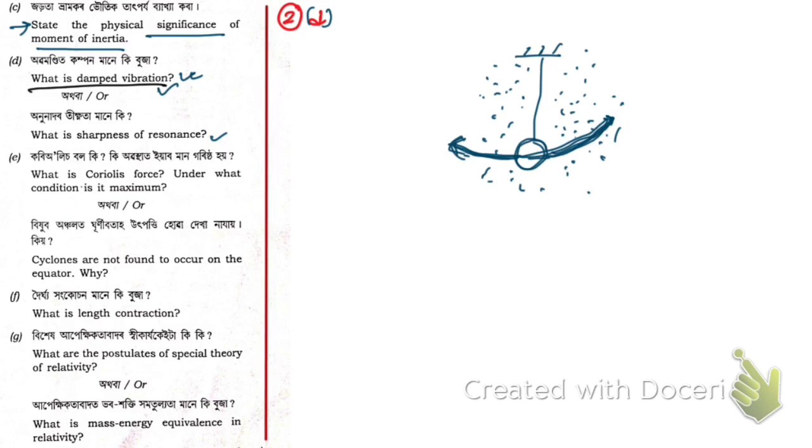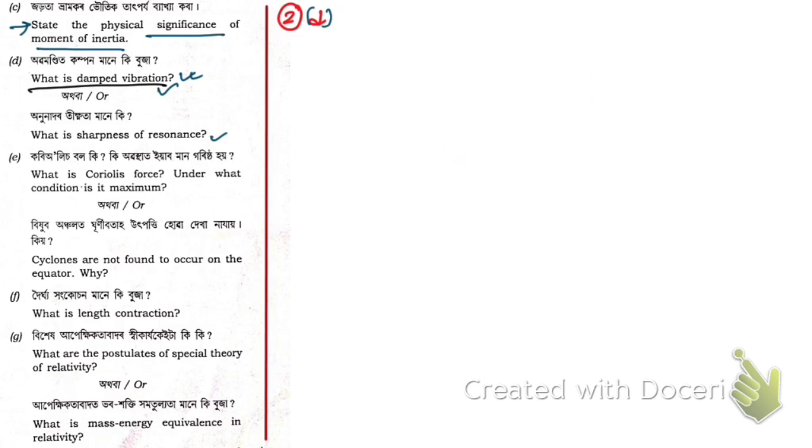But due to this air resistance, the amplitude of swing decreases continuously. Suppose initially this is the amplitude, in the next time it will be shorter. This will be decreased a little bit, then again next swing, then again its amplitude will be decreased more, okay, and so on. This type of vibration is called damped vibrations. Okay, so now just let me clean, let me write the answer here.